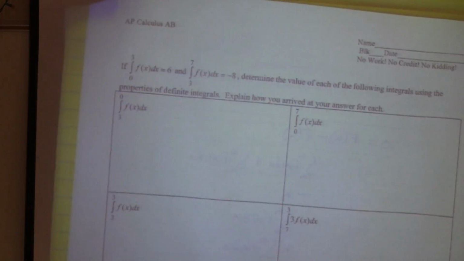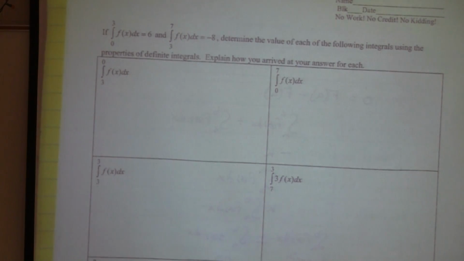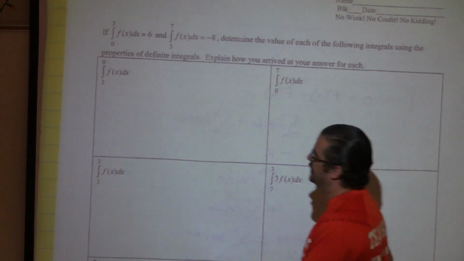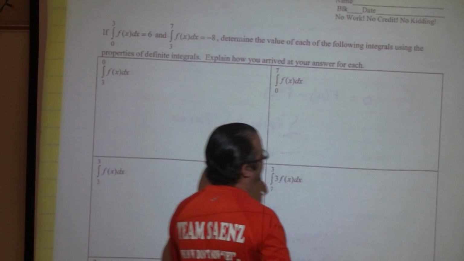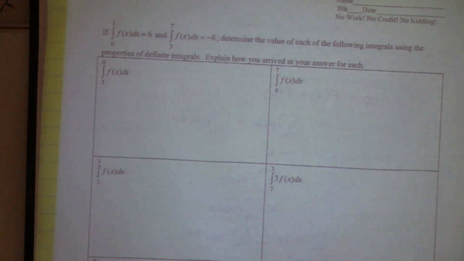So there will be some problems on the test where they give you an integral already. Here they're saying from 0 to 3 is 6, from 3 to 7 is negative 8, and we need to use the properties to find the other ones. So the first one says from 3 to 0. So what should that equal? Negative integral of 0 to 3.